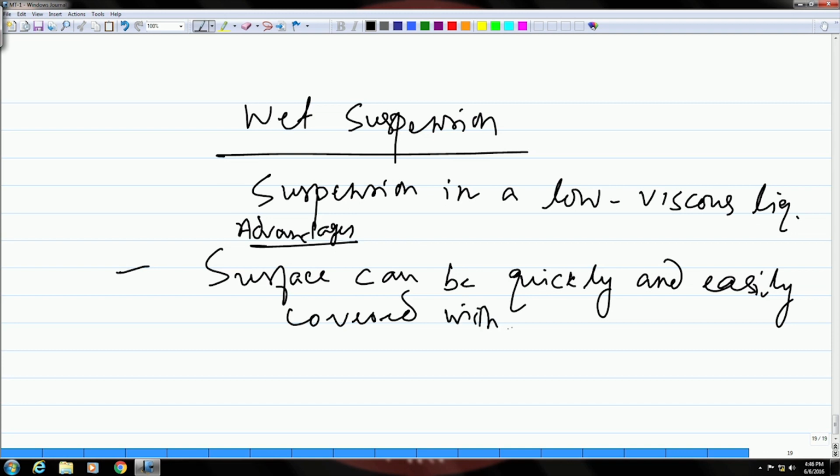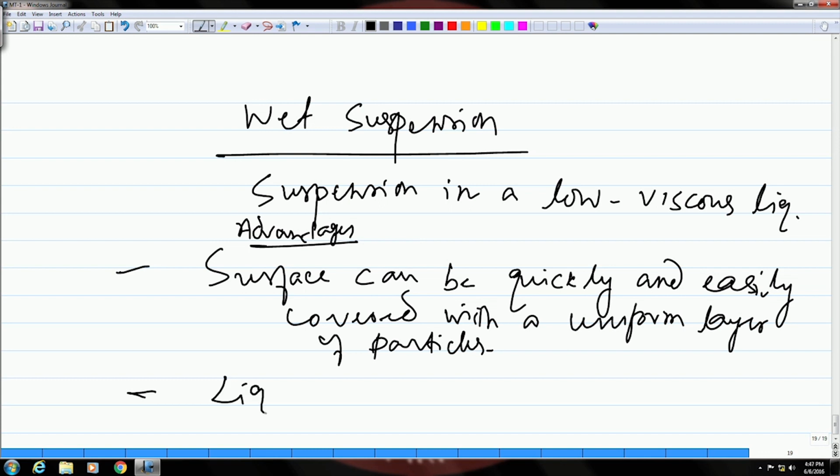And it will also provide a uniform layer, and as I said, this liquid carrier provides better mobility.